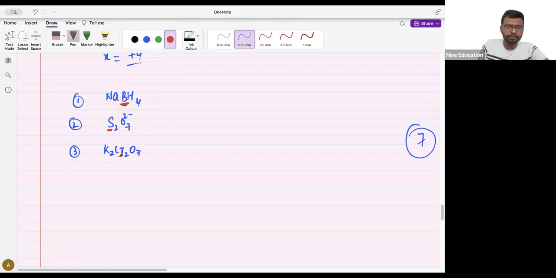Find for chromium. Fourth, KMnO4. Find for manganese. Fifth one, C6H12O6. Find for carbon.